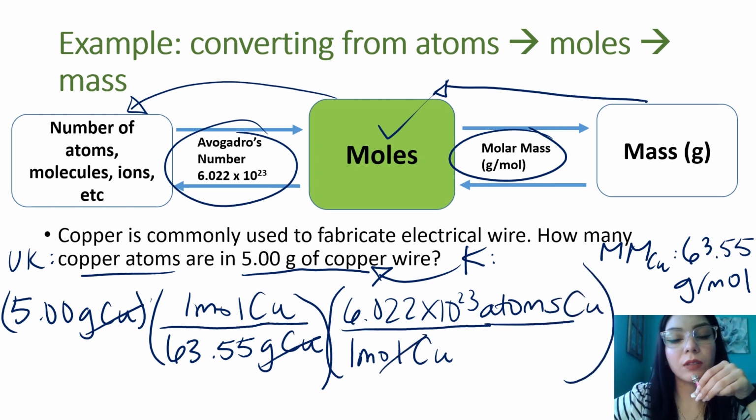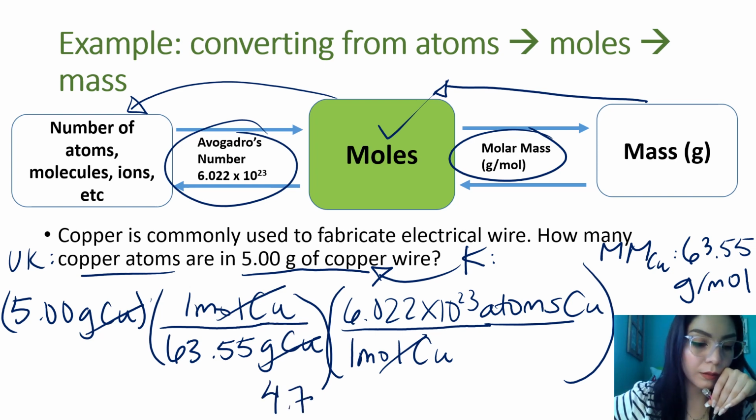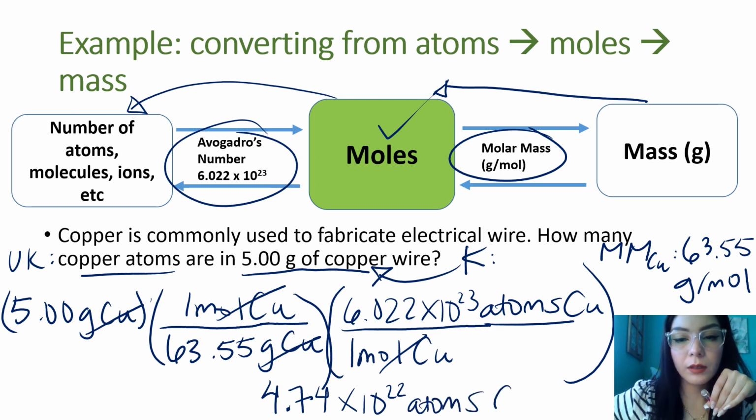And then that cancels out. All that's left is to calculate that number out. So you should end up getting 4.73, actually 4.74 if we're going to round to sig figs, times 10 to the 22nd atoms of copper.